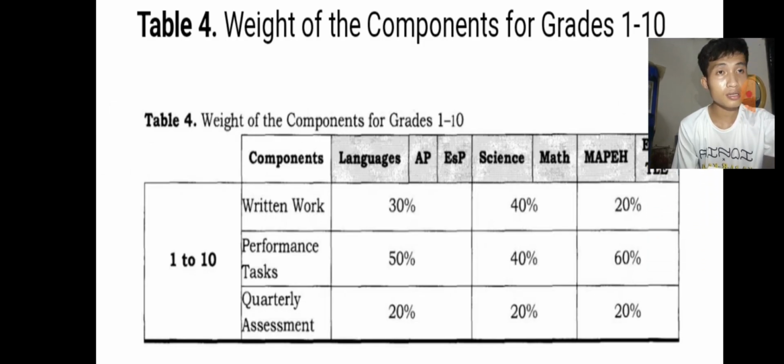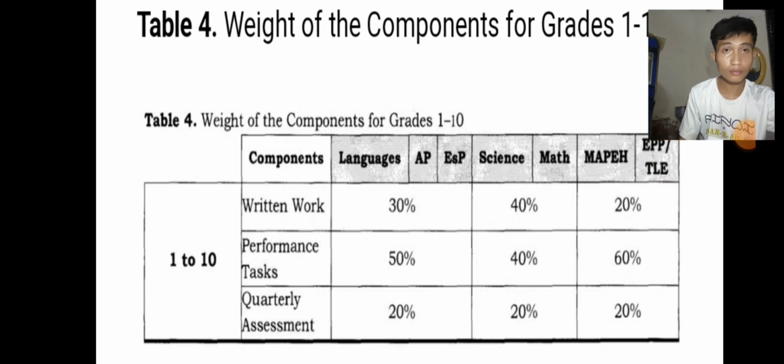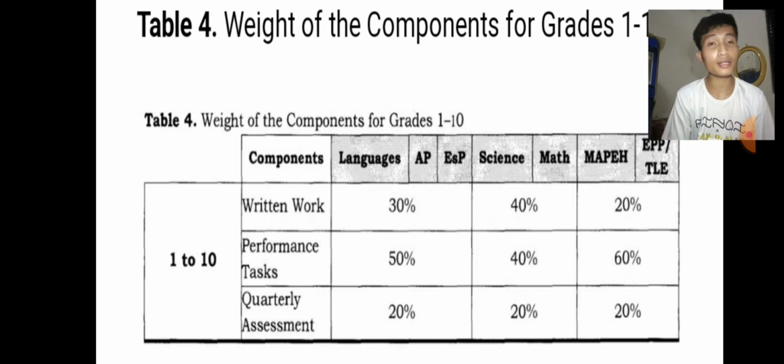So this is table 4, the weight of components for grades 1 to 10. As you can see, these are the components for grades 1 to 10: the written works, performance tasks, and quarterly assessments. For language, AP and ESP, the written work is 30%, the performance task is 50%, and the quarterly assessment is 20%, so a total of 100%.